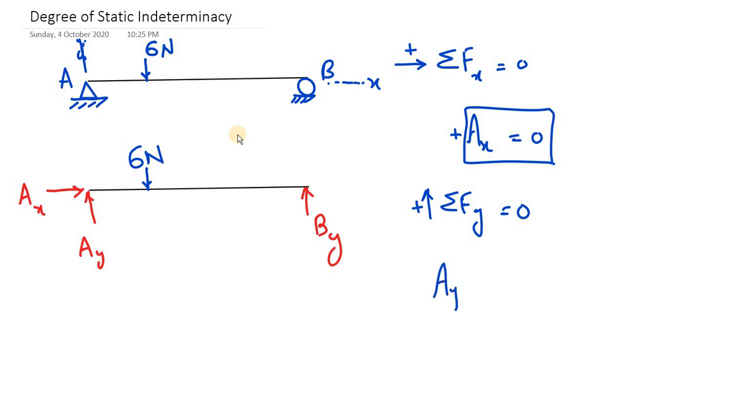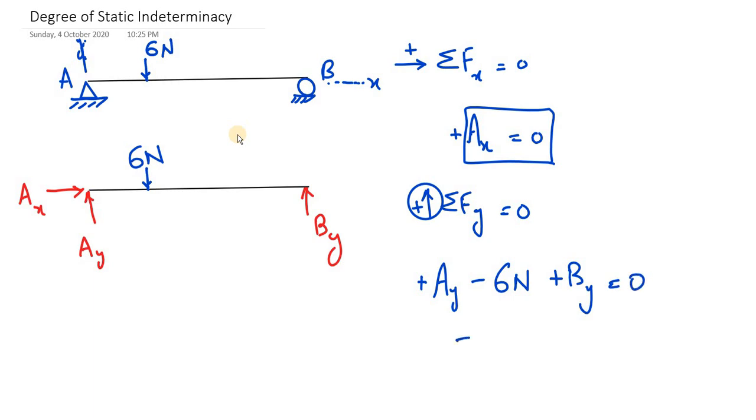AY with a positive sign, because this is along the assumed sign convention. All right. Next, minus 6, minus, because it is in the opposite direction to the considered sign convention, plus BY equal to 0.